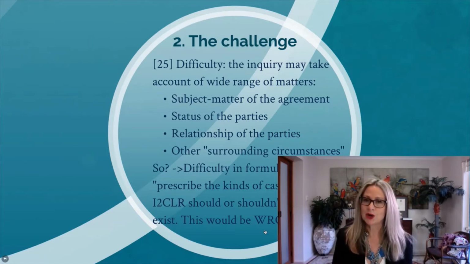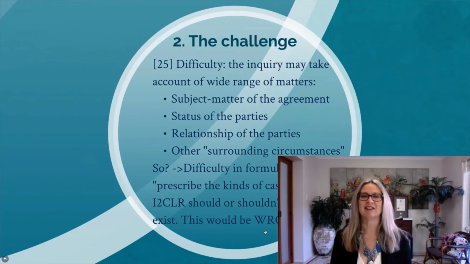So you're only looking at the objective stuff. You're looking at things like subject matter of the agreement, status of the parties, relationship of the parties, and other surrounding circumstances. I love that.